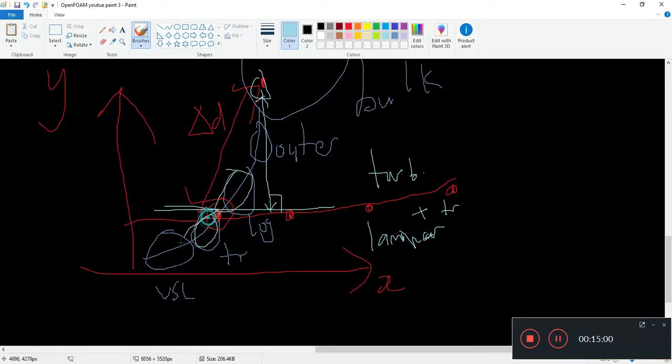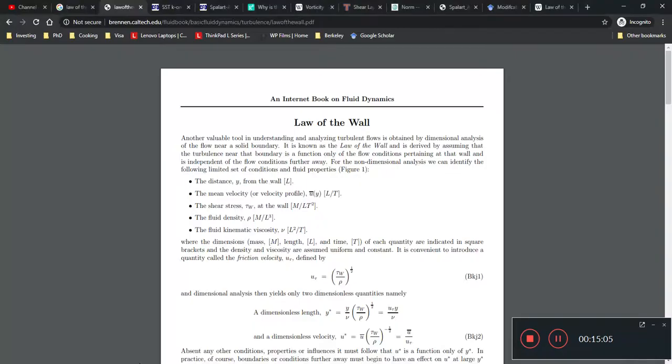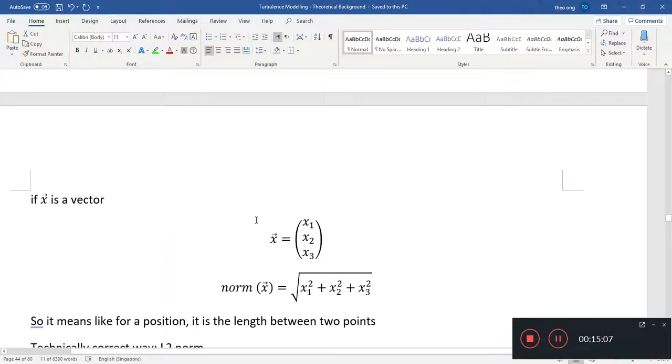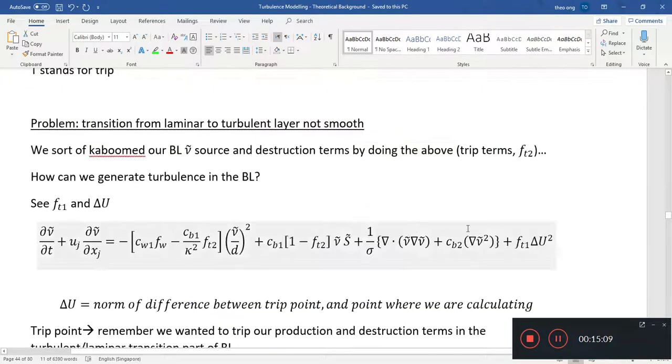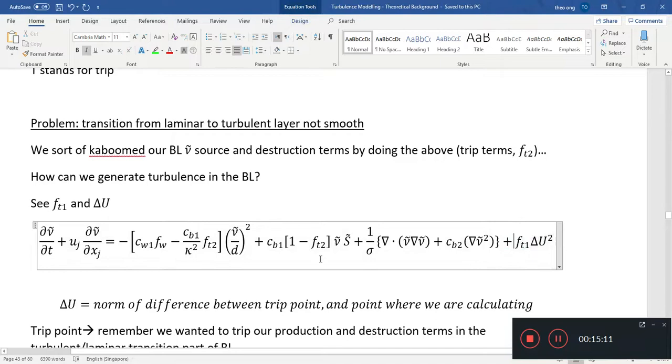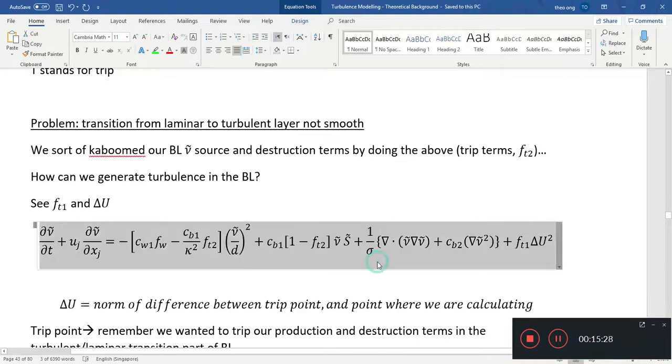So you need to artificially build up turbulence here in the transition region, and I think that's what this term is here for. Because when you artificially destroy these two terms in the trip zone, where you have all this transition stuff happening, you need to artificially increase nu tilde so as to have the correct velocity profile.